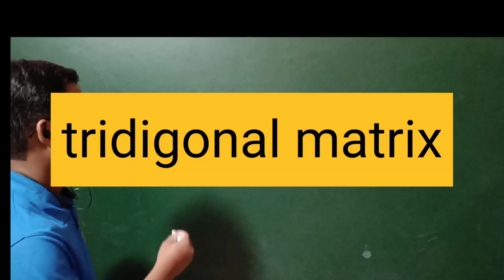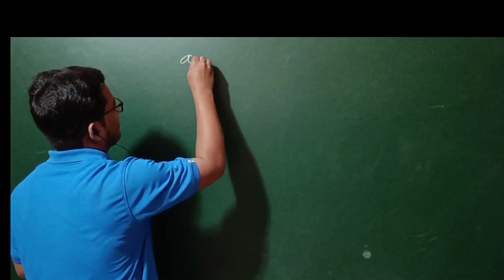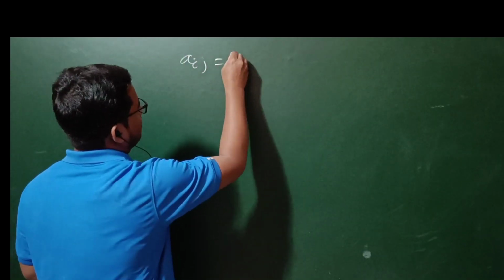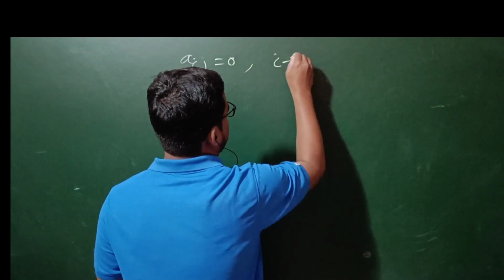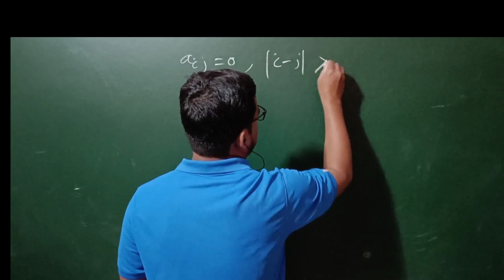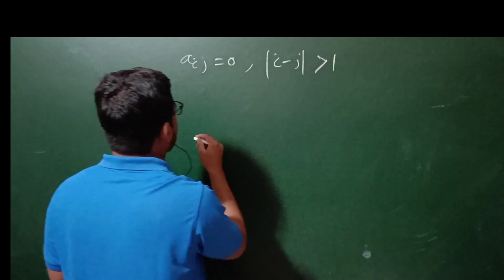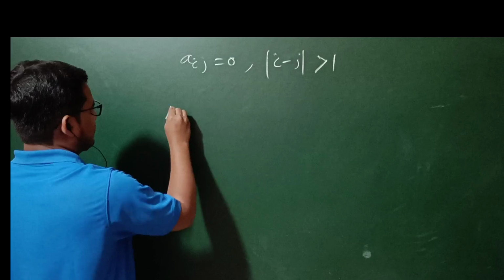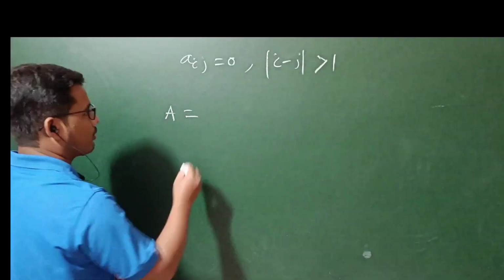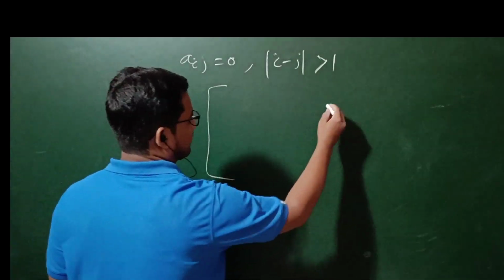Then tridiagonal matrix. What is a tridiagonal matrix? The mathematical form is Aij equal to 0, mod i minus j is greater than 1. Suppose A is a 3 by 3, 4 by 4 matrix.